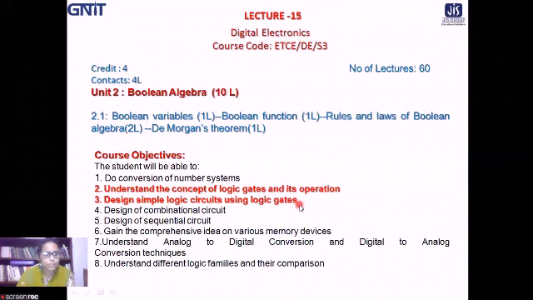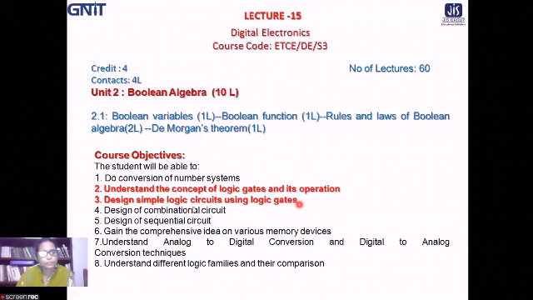Now the logic gates are a very important part in the digital electronics subject, and this Boolean function is studied for minimization techniques. It is one of the minimization techniques. The other minimization techniques are K-map, then you can do it with logic gates and the Boolean functions.